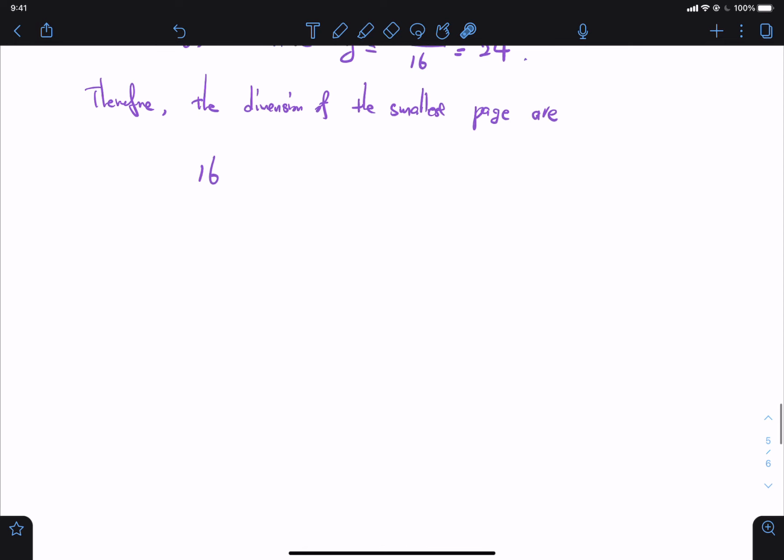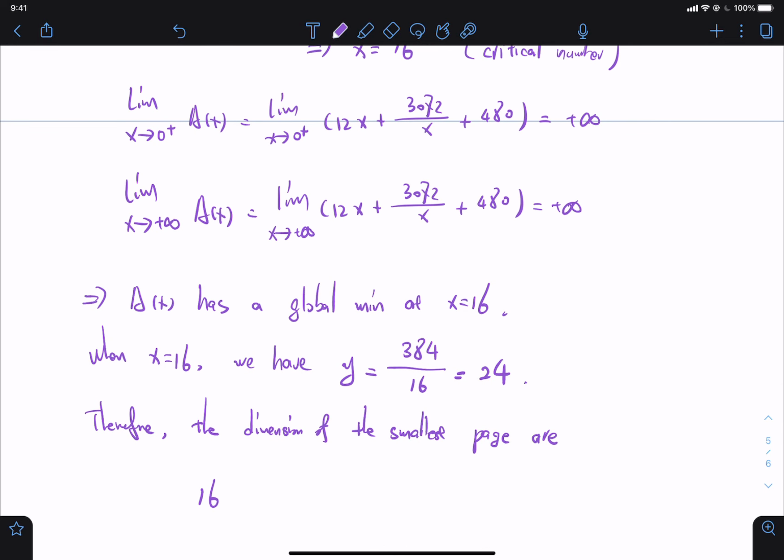So that is 16 plus 8 centimeters by, y is 24, and 24 has to plus this 12, that is the margin, centimeters.